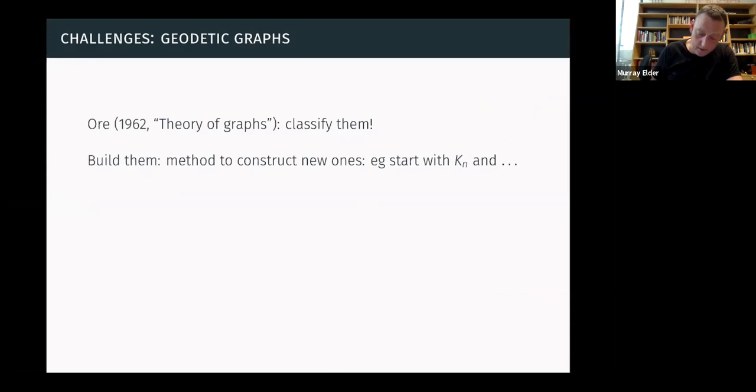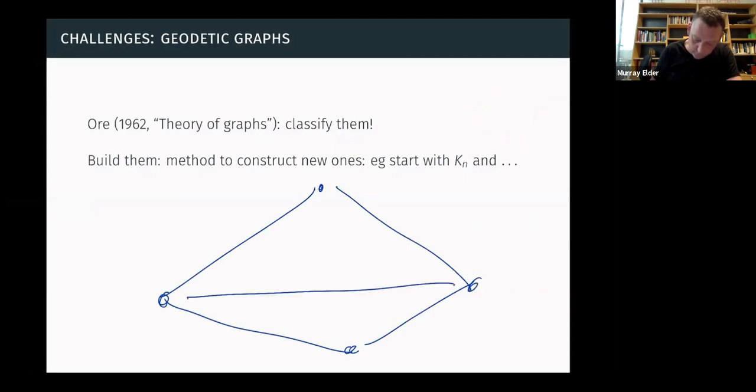So rather than trying to do the whole classifying, how can we build them? Here's a trick that Adam told me: you can always start with a complete graph and do the following.